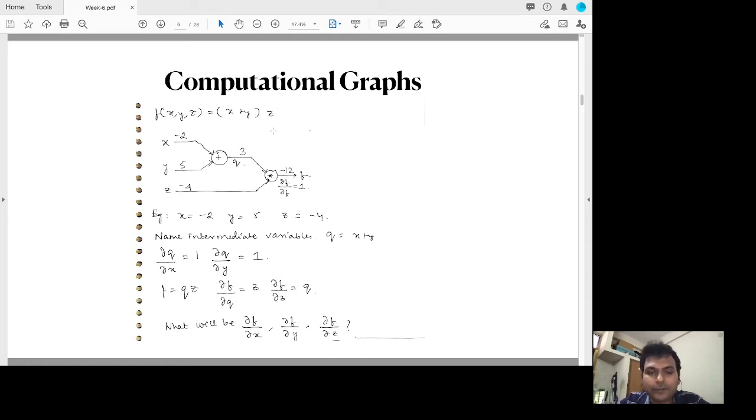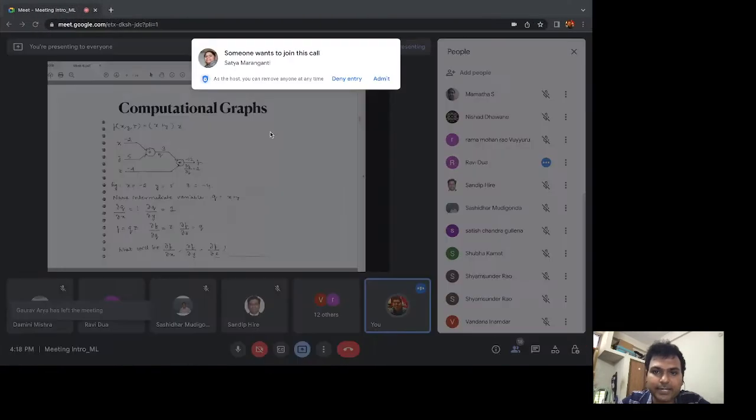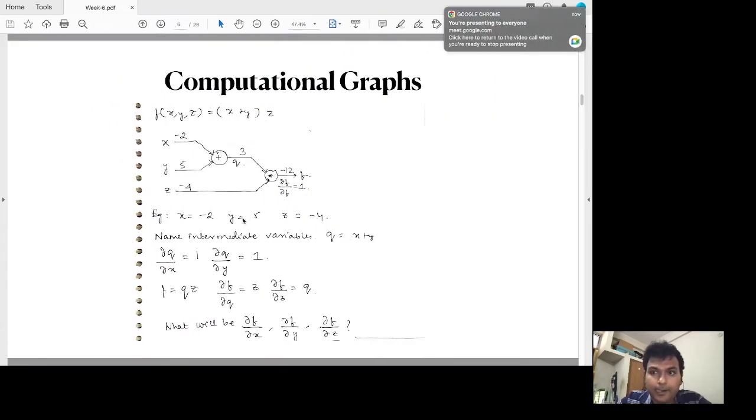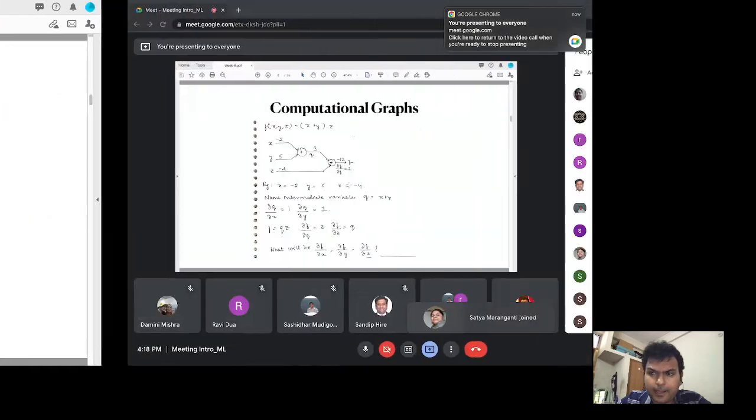It will become clear why I said that computational graphs are important once I go to more complicated examples. This is just a toy example for introducing computational graphs to you all. Is it fine, how x plus y into z becomes this particular thing? Yes, sir. No, sir. Can you explain it, please?